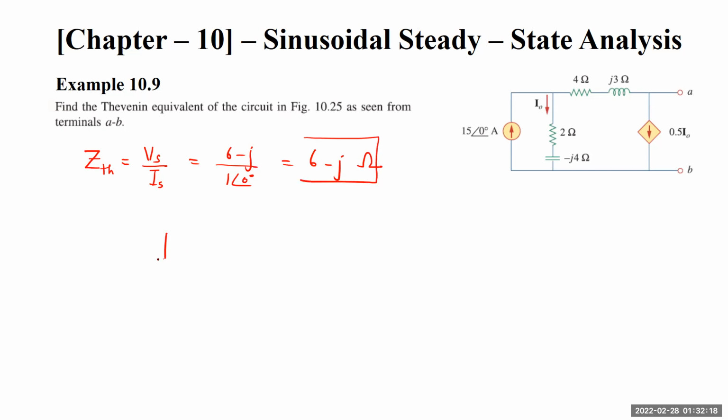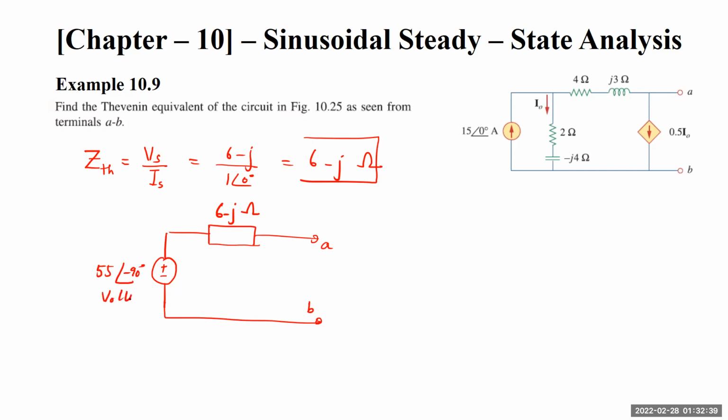So the equivalent Thevenin circuit will look something like this. For this circuit, the equivalent Thevenin circuit has 6 minus j ohms, and the V Thevenin value which we have calculated as 55 angle of minus 90 volts.